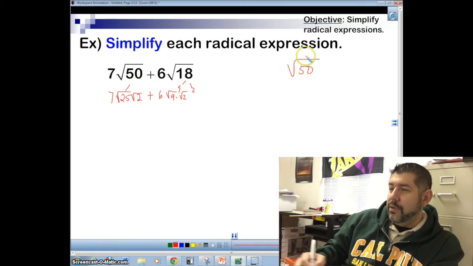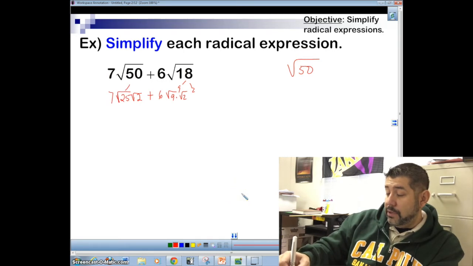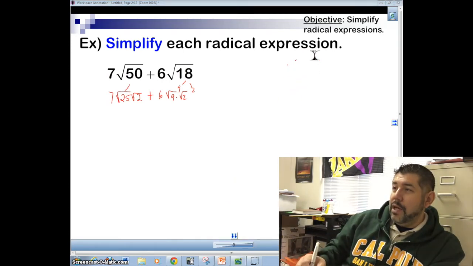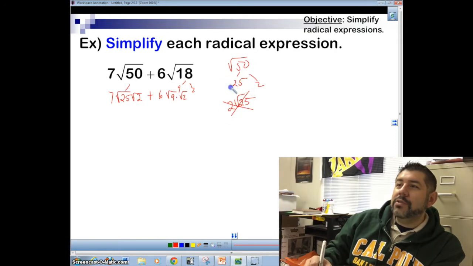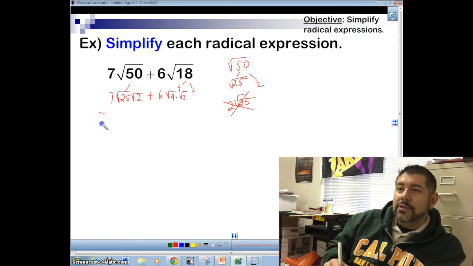I'm going to erase this because this is probably right in my face when I upload this and edit it. Do not do this because I've seen this before. They split it up like this, and they think, oh, this is going to be 2 square root 25. No, that's not right. The square root of 25 is 5, and the square root of 2 is just square root of 2. All right, so it's 5 root 2.